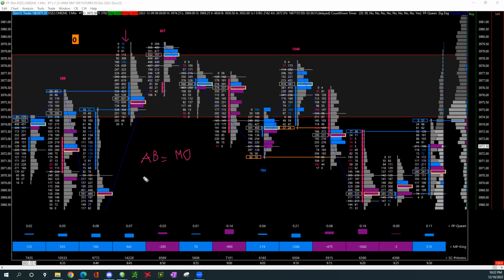And then you have an aggressive seller, which is also equal to a market order. So when you put in a sell market order, you are an aggressive seller. If you put in a market buy order, that means you are an aggressive buyer.